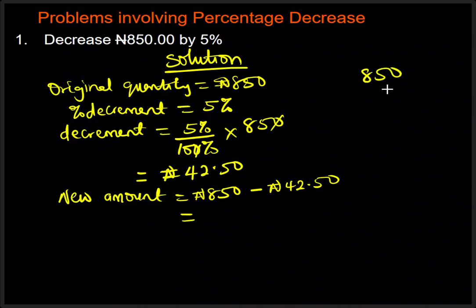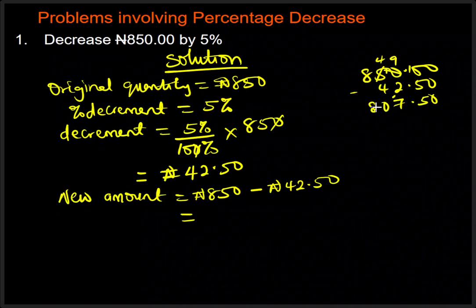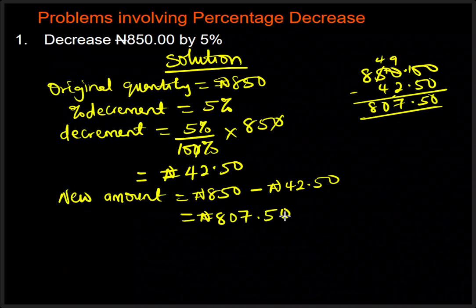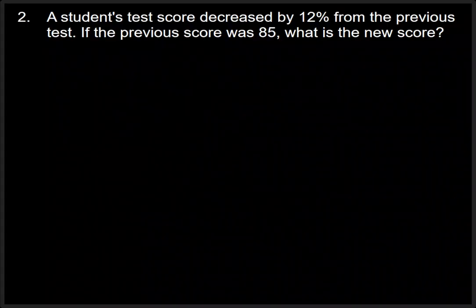Let's see. 850 minus 42.50, so 0, take from here, this is 4, 10, take from here, this is 9, 10, 10 minus 5, 5, that's 7, 0, 8, and so our new amount will be 807 naira 50 kobo. All right, so number two.